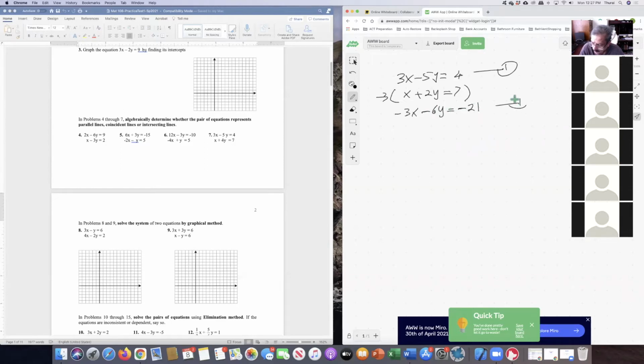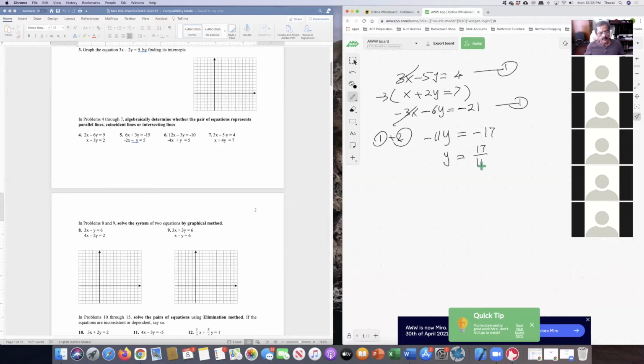So now I'm going to add the first equation and the second equation, 1 plus 2. That will end up canceling the x's. So minus 5y minus 6y is minus 11y equal to minus 17. Yes. So therefore, y equal to 17 over 11.